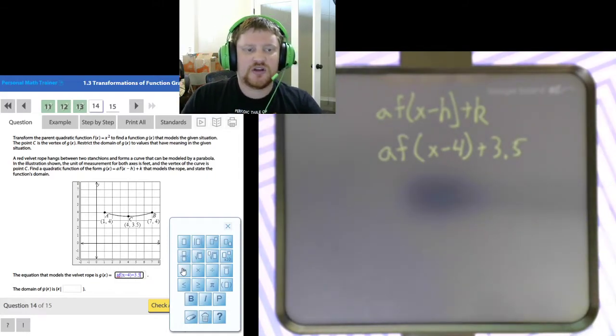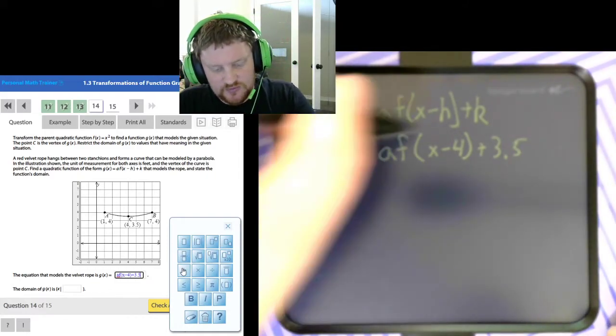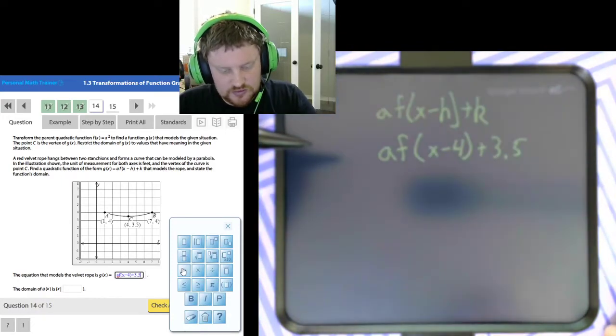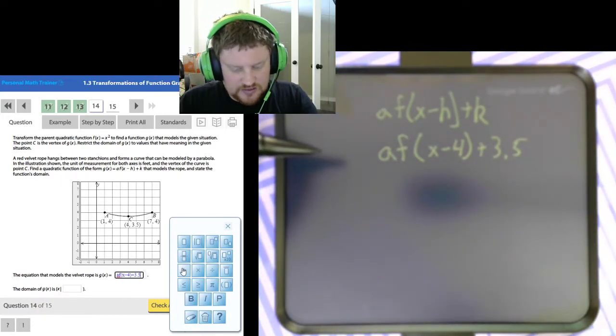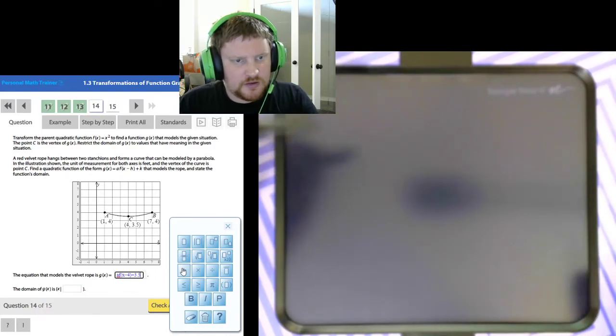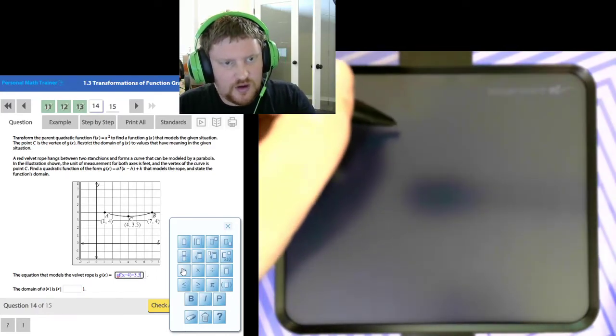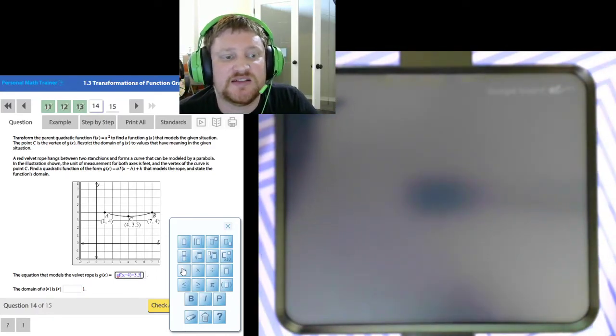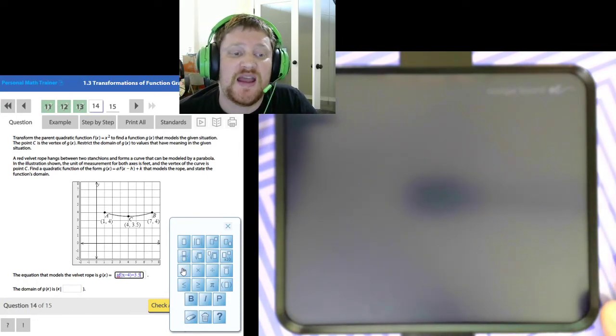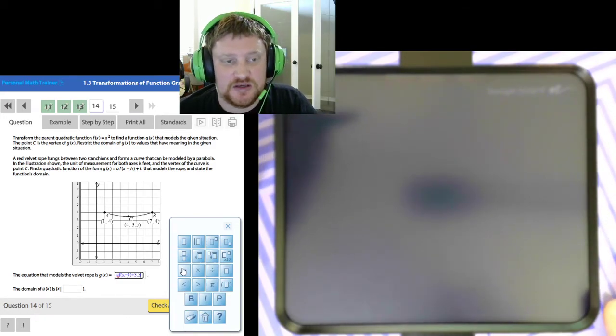Okay, I'm going to show you guys the other way to do this, which is now that we've solved this much, let's just stick with the same route. I'm going to use points B and C, keep in mind you do have to use the vertex as one of the points. So you could use A and C or B and C. I'm going to use B and C.